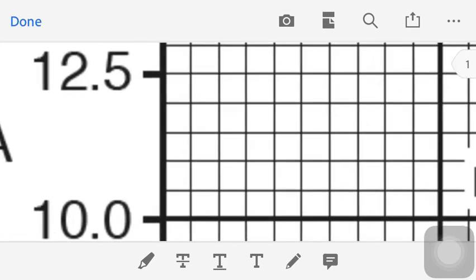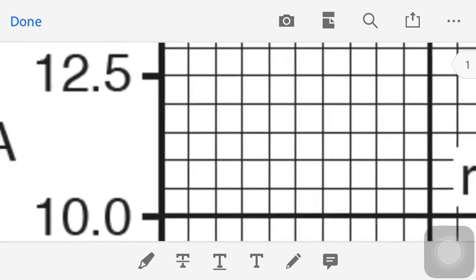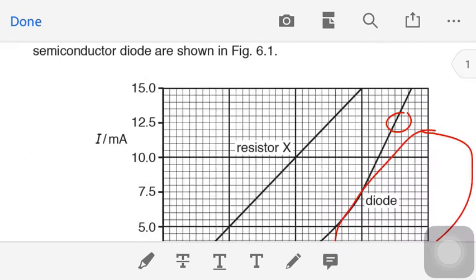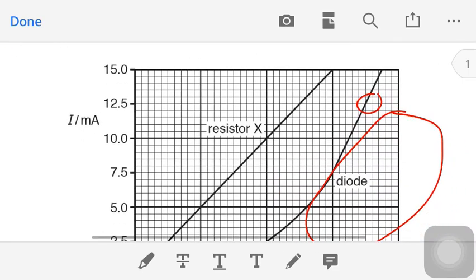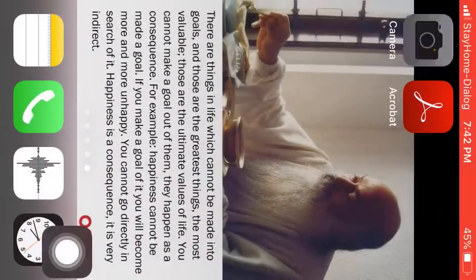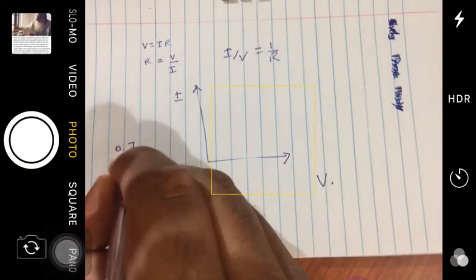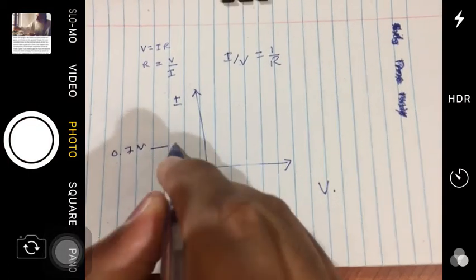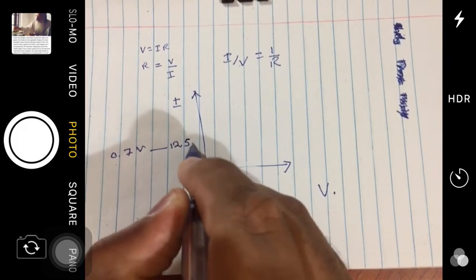So we have 10 here, then 11, 12, and between 12 and 12.5. So let's take it as 12.5 for the time being, since we are trying to do it roughly. So for 0.7 volts the approximate current value is 12.5 milliamps.